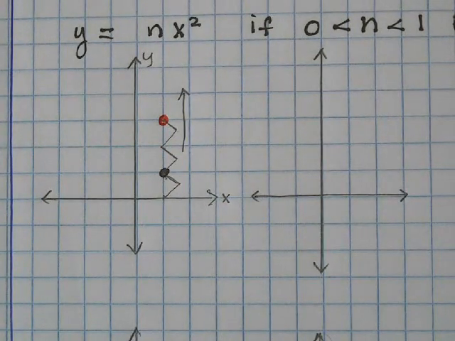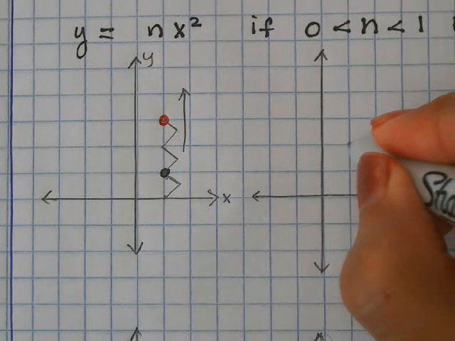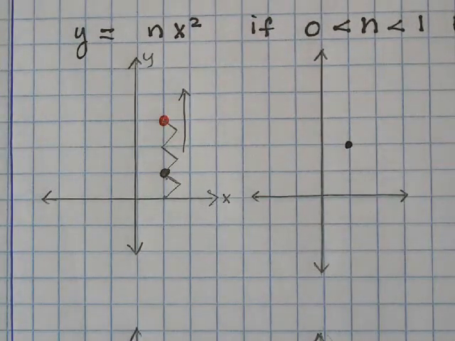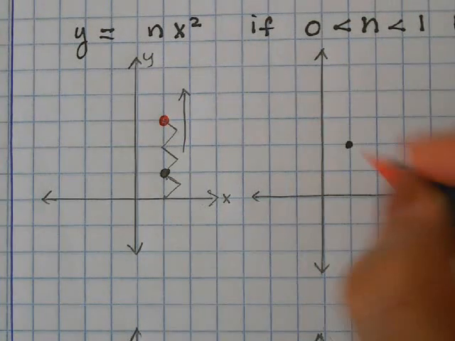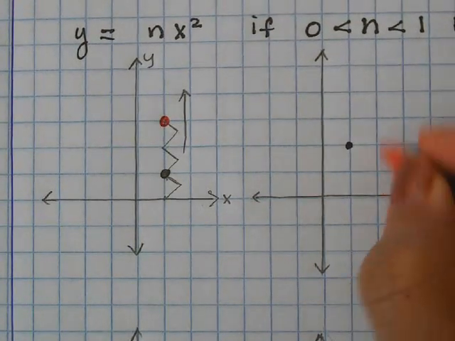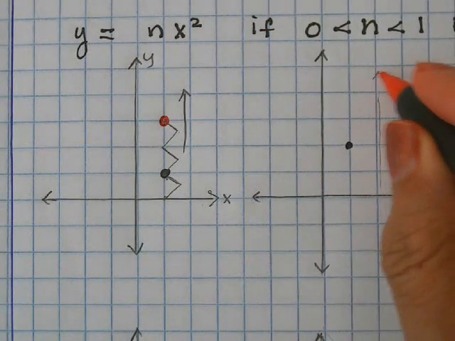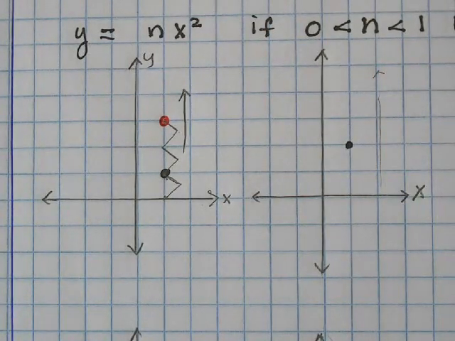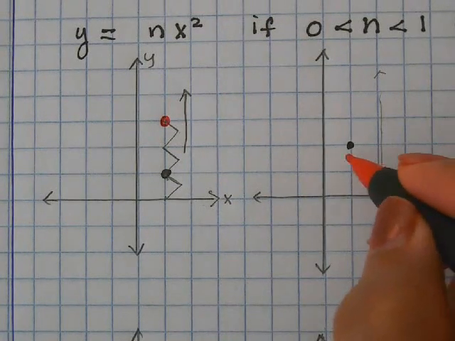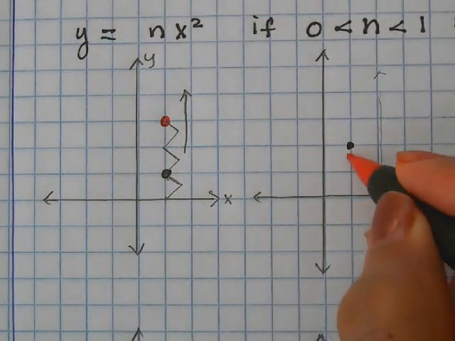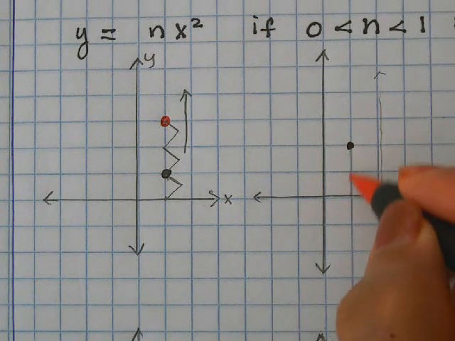What about if the point is here? How do you vertically stretch it away from the x-axis, going up, by a factor of 3? Can you answer that first? Pause the video. Where will the new point be? I'm going to measure the distance from the x-axis, that is 2.